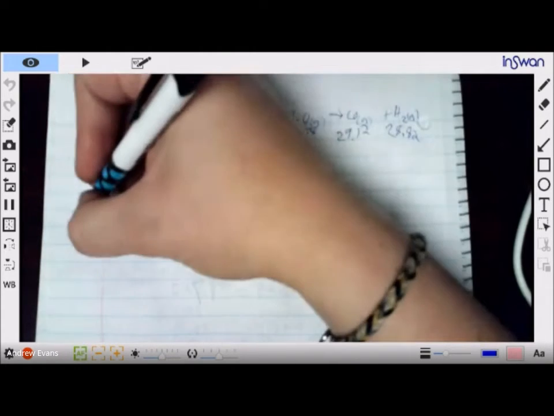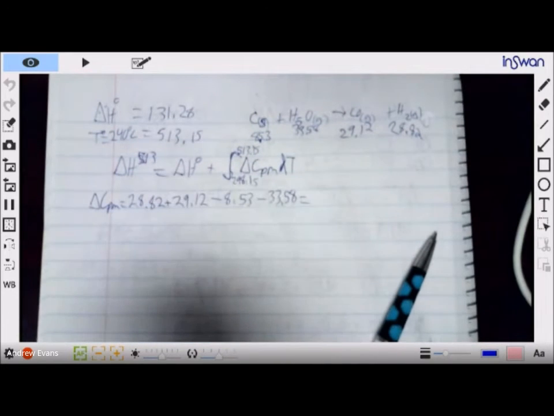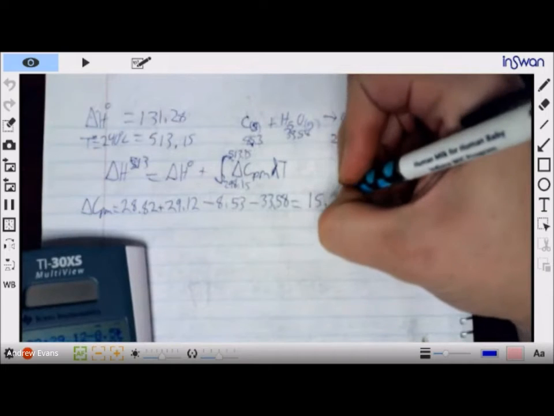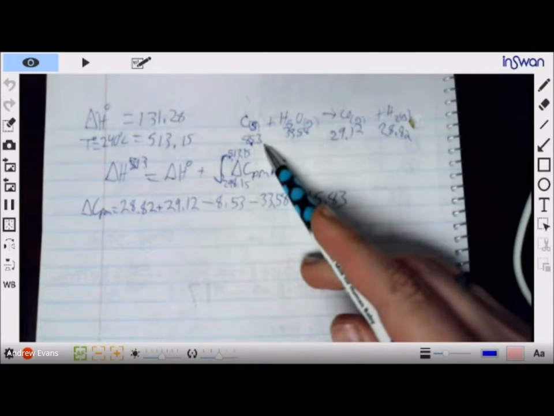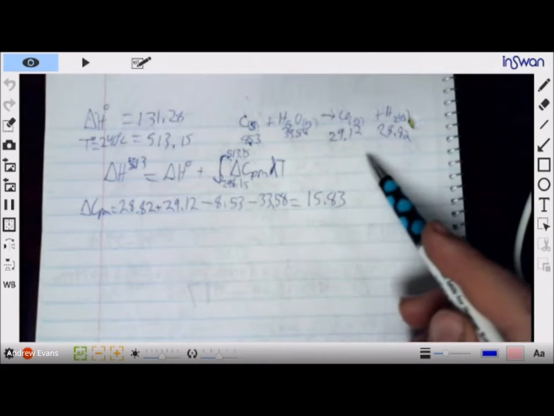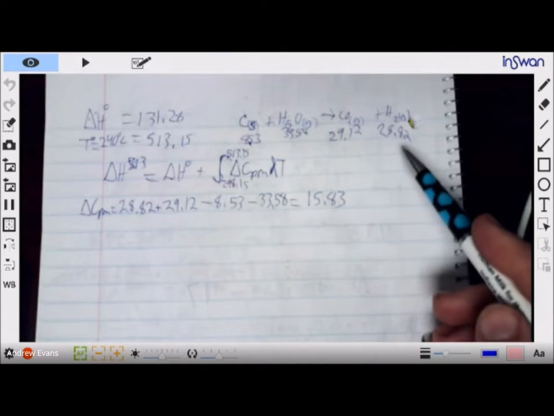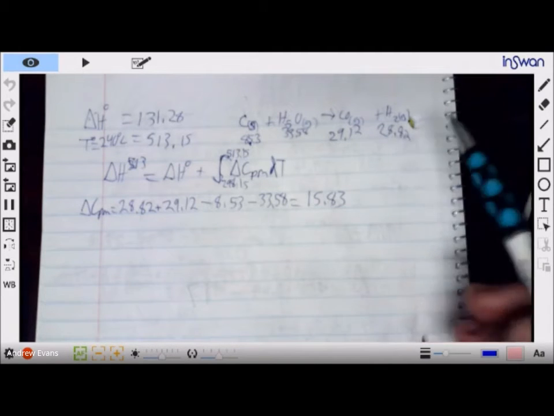So this is our delta C sub P sub M. That would give us 15.83, because we're essentially figuring out how much energy it takes to heat up the graphite to 240, heat up the water to 240, heat up the CO to 240, and heat up the H2 to 240.